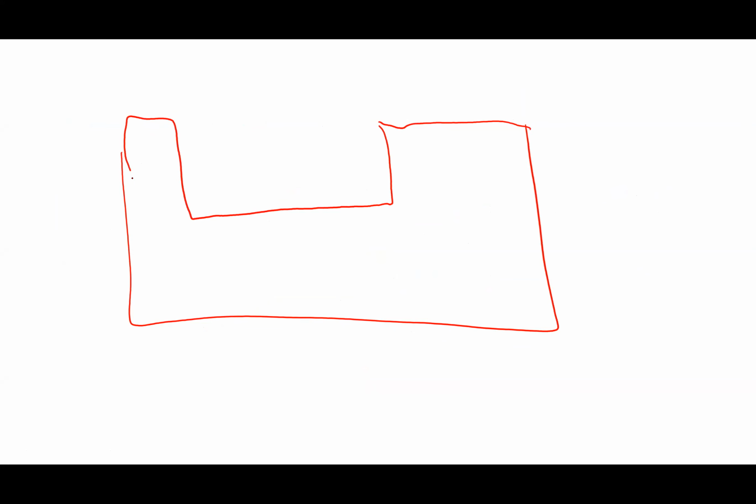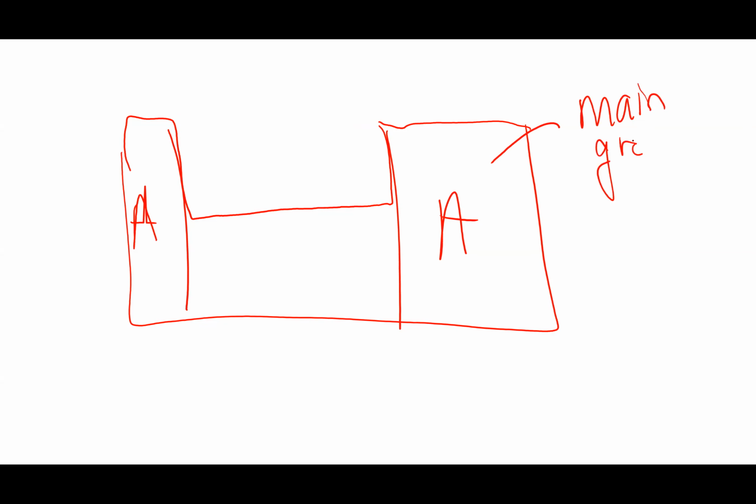Okay, and if this was a castle, the towers of the castle are A. The towers, the columns, the spires, the tall objects. And we call A the main group. A lot of the chemicals we use in first year, second year chemistry will be from the main group.